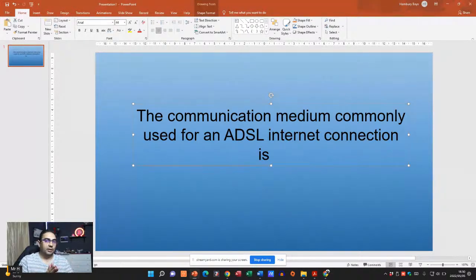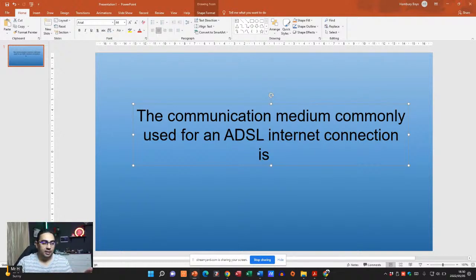We're talking about what is going to be used in order to get that communication from A to B. So if I'm going onto the internet, and that's why they're saying commonly used for an ADSL internet connection. So we know ADSL, it's our physical cable that we end up plugging in. It's a permanent connection to the internet. It stands for your asynchronous digital subscriber line, if I remember correctly. So just understanding what that is.